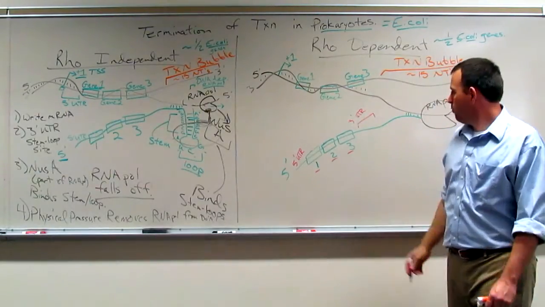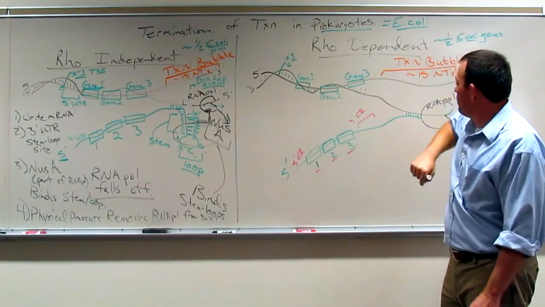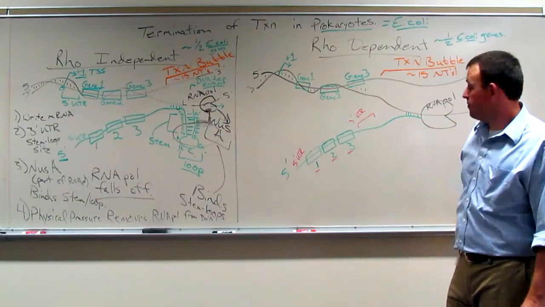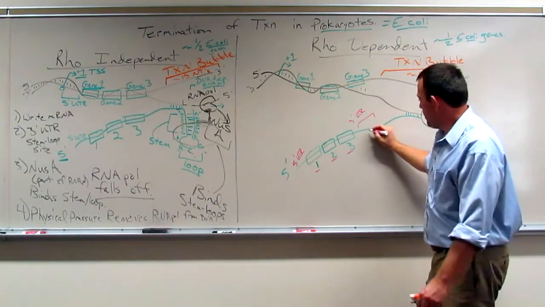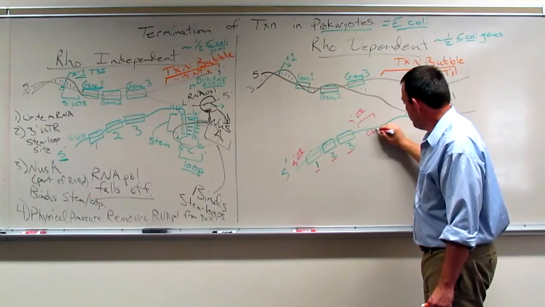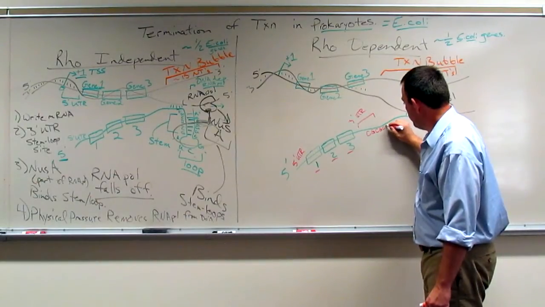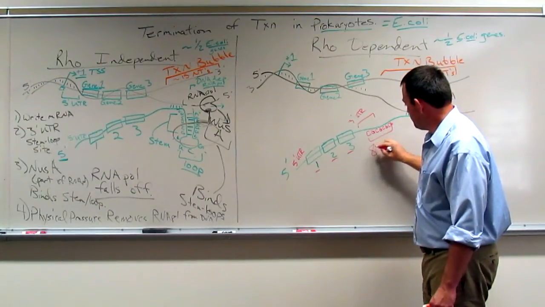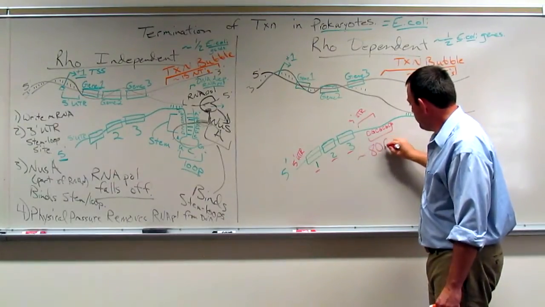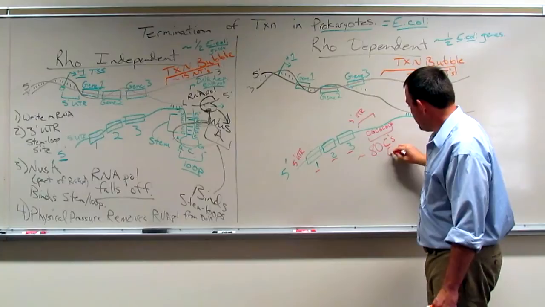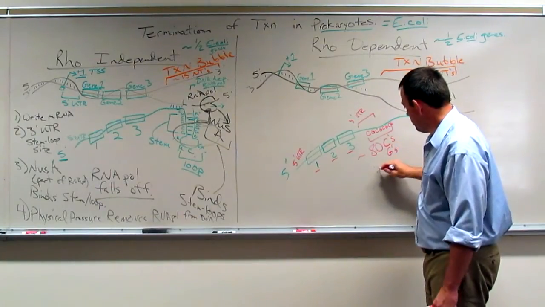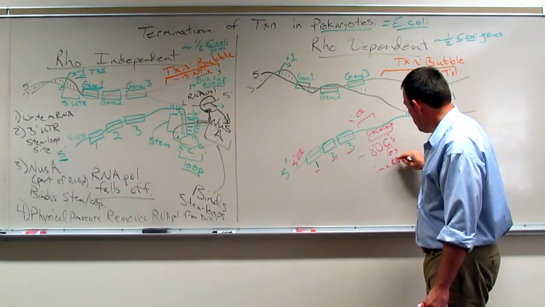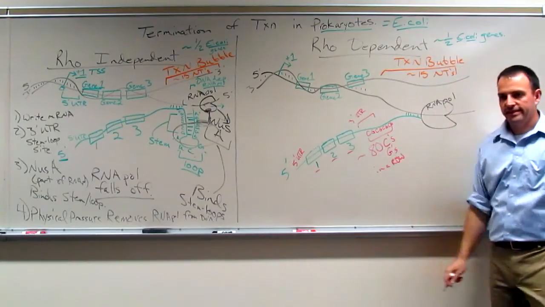What's going on? Well, for Rho-dependent termination of transcription, what you need is what we call a CG island. It's generally about 80 C's and G's in a row. Why do you need 80 C's and G's?